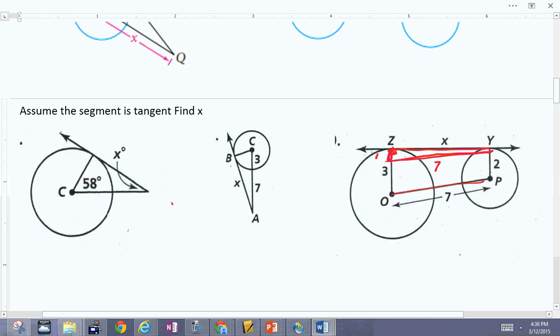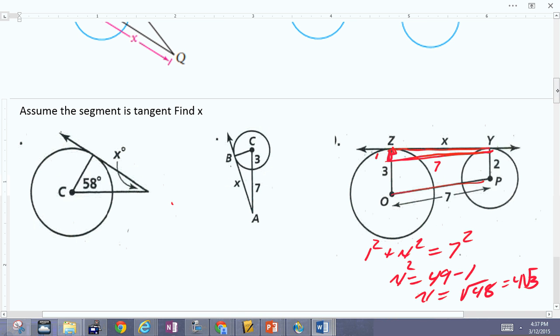So what we have then is, by Pythagoras, 1 squared plus x squared is equal to 7 squared, which says x squared is going to equal 49 minus 1. x is going to equal the square root of 48, which you should realize becomes 4 root 3.